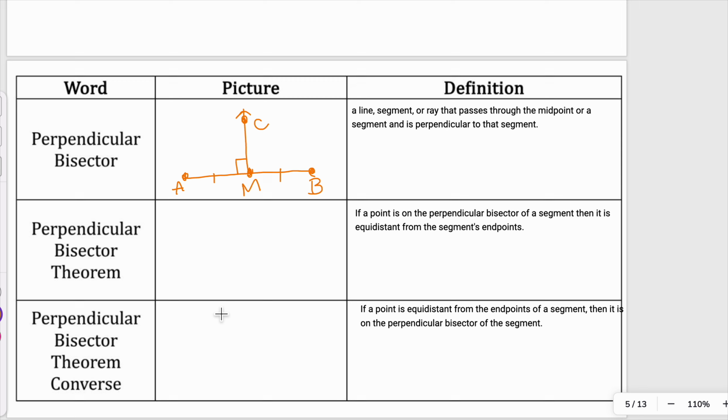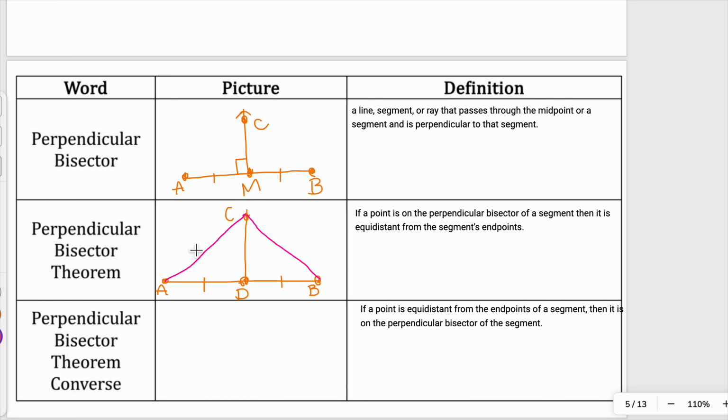The perpendicular bisector theorem, I'm going to draw this picture for both the theorem and the converse. So let's maybe start with A to B, and then we'll have D here in the center, and then C up top. And if we notice there's a perpendicular bisector of a segment, then it'll be equidistant from the endpoints.